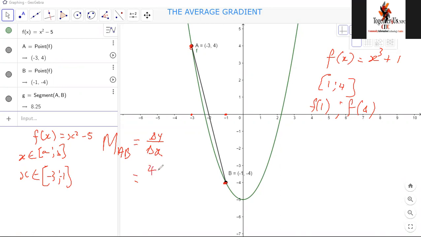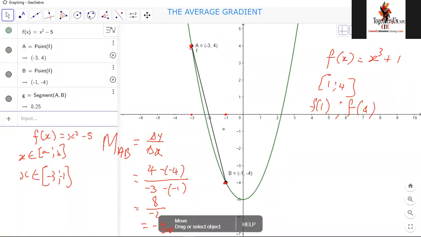The y values are given, so you say y at A is 4 minus y at B, which is -4, over x at A, which is -3, minus x at B, which is -1. So this is going to be 8, and there's going to be a plus here, so we're going to have a -2. It makes sense that the gradient is negative because we can see this is a straight line with a negative slope. That is the simple interpretation of the average gradient.